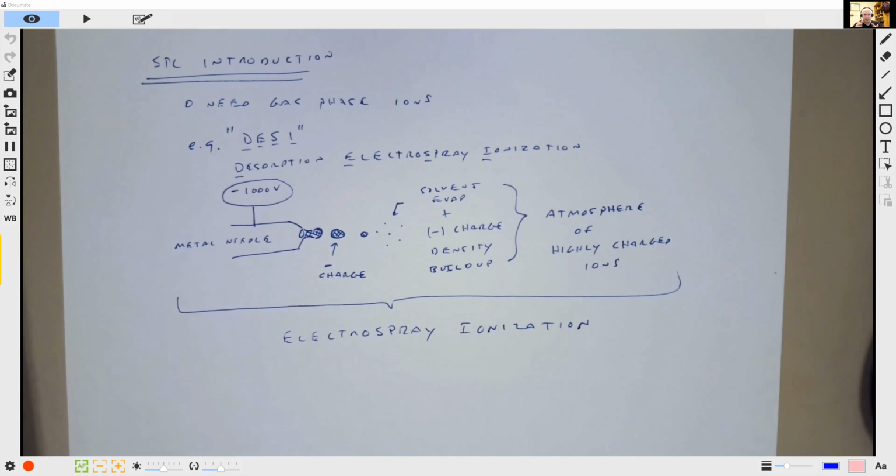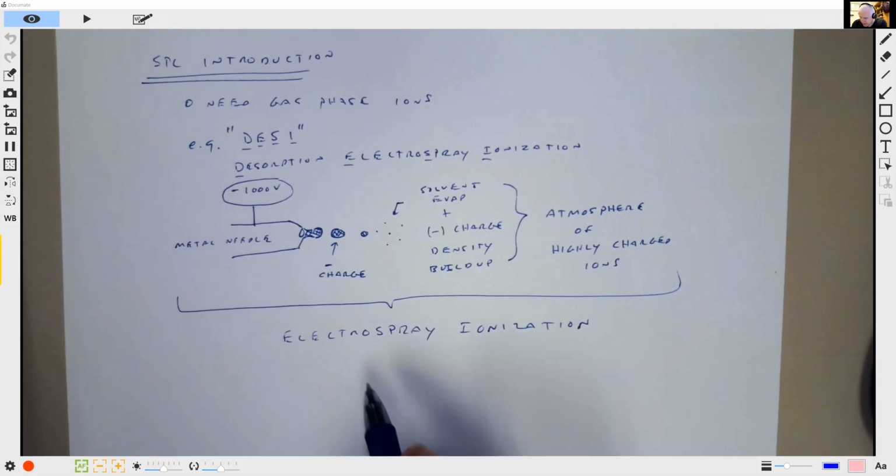I mean, it's done between ambient pressure and, say, 1 torr or so, like between 1 bar and 1 millibar, shall we say. And then between 1 millibar and 1 microbar, you have electron impact. But they're kind of different in other ways too.